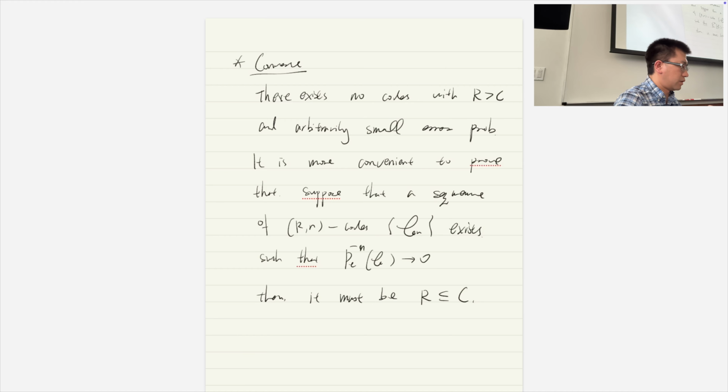Okay, so let's see how we can do that. There's an assumption here that we always use. We let the message follow a uniform distribution on the message set. Later on we're going to discuss why it makes sense, but we'll always start from this.